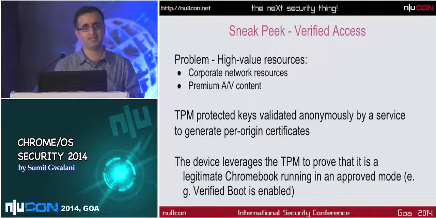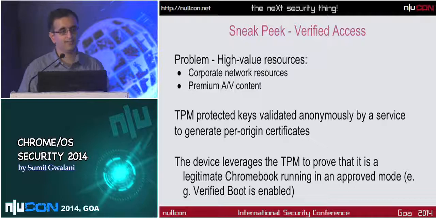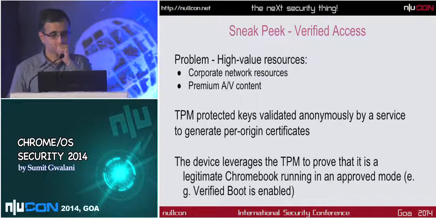How do you make the AV vendors happy with premium content, which is full HD content? So the TPM, which is present on every single Chrome OS device, already contains protected keys.